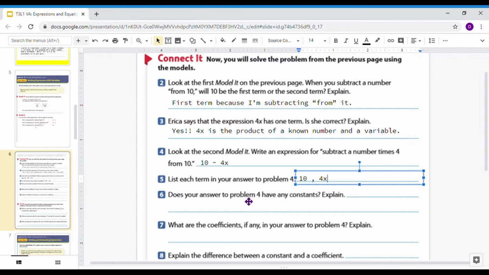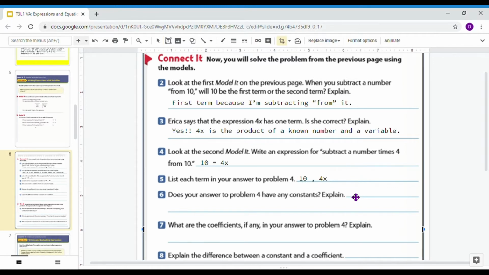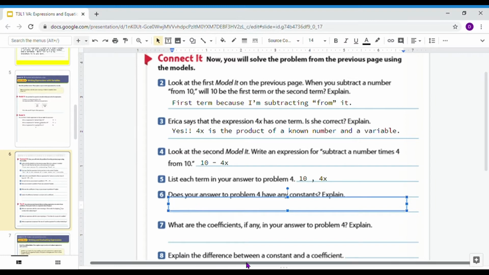And it says, does your answer to problem 4 have any constants? And while you look at 10 minus 4x and you think of the example in the book, they said that a constant was a known number without variables. And in the book, that example was 2x plus 5, so the constant was the second term. I'm looking at number 4 and I have 10 minus 4x, and I have that supposed constant as my first term.